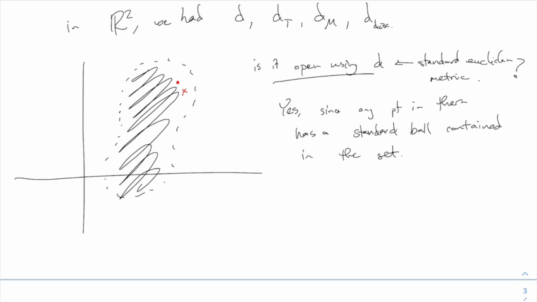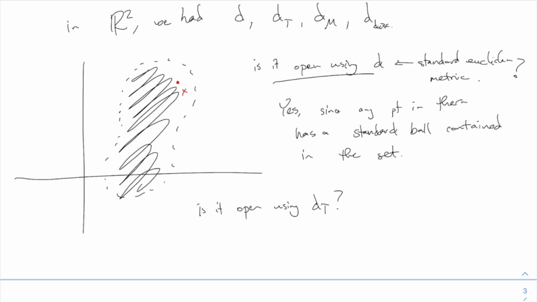So that was using the standard metric. What about one of our other metrics? What about, is it open using DT? In this case, you have to think about what the balls look like using the taxicab metric.